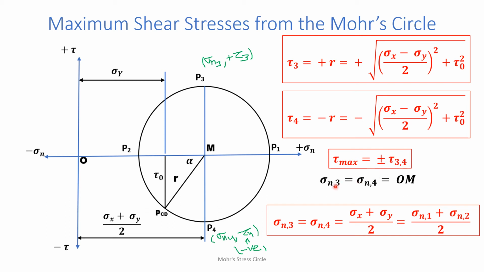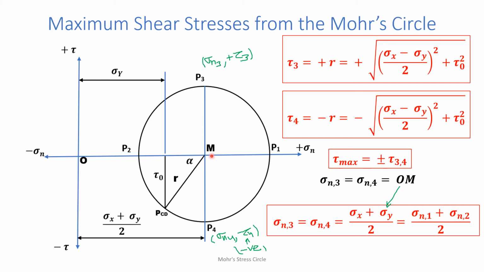We know, similarly, the direct stress on P3 is sigma n3 and on P4 is sigma n4, and these values are equal to OM. OM is sigma x plus sigma y by 2. We substitute this, and we know the direct stress.